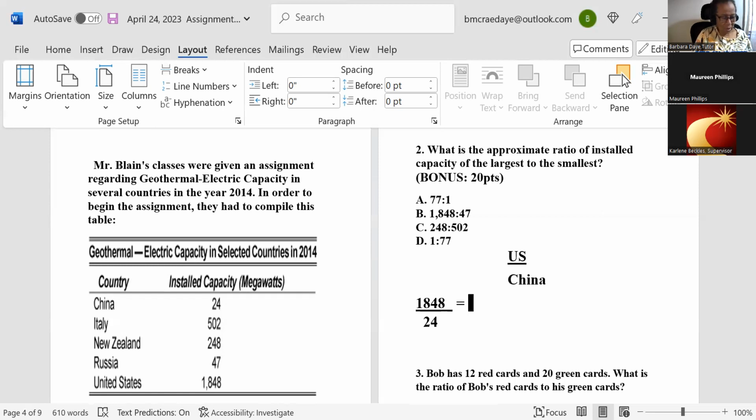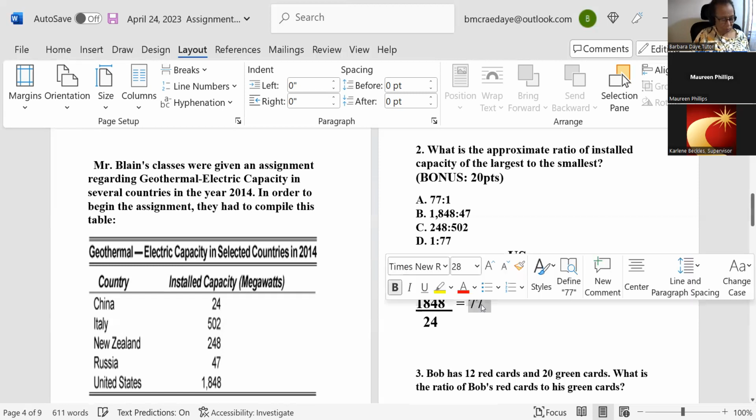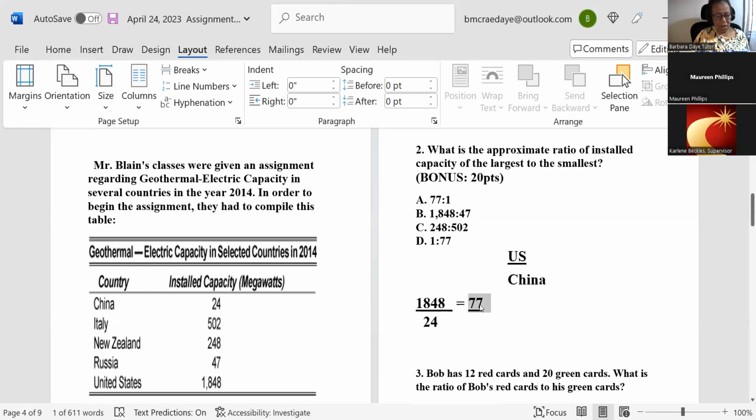I get 77. 77, right. So that's 77 over 1, because 24 divided by 24 is 1, right? So 77 over 1.